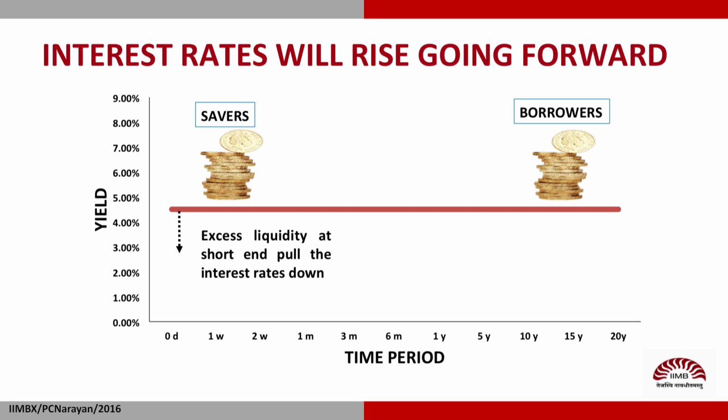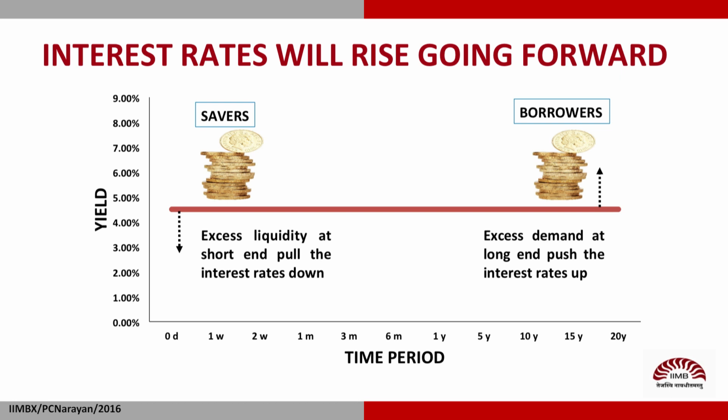On the other hand, if you're a borrower, you will prefer to borrow right away for the long term, because you know that as time goes by, you will have to pay a higher cost for the borrowing, because interest rates are due to go up going forward. So all borrowers will shift to the long term.